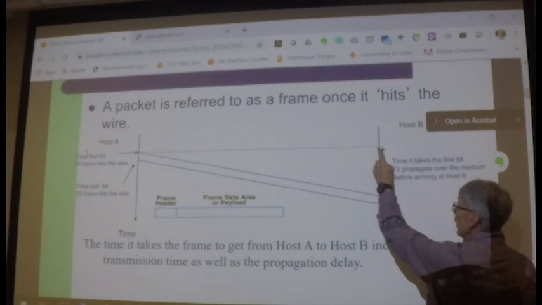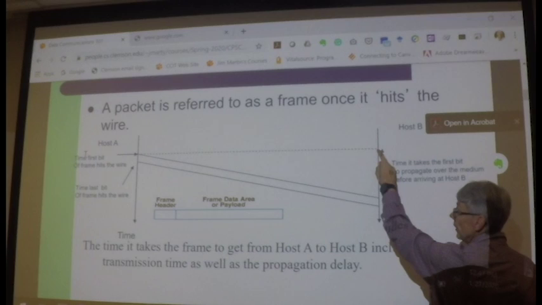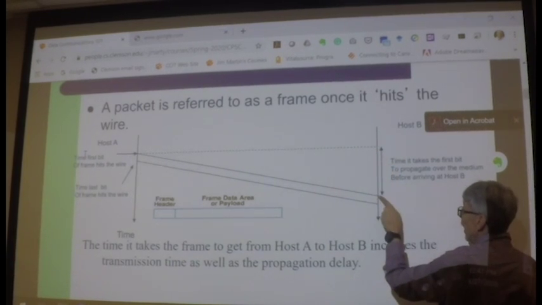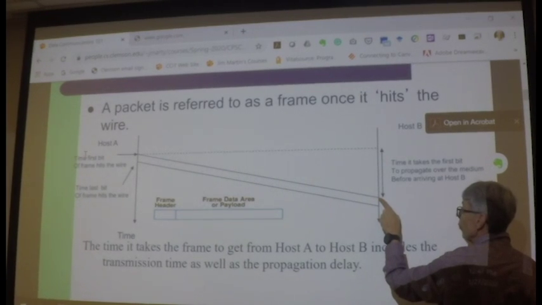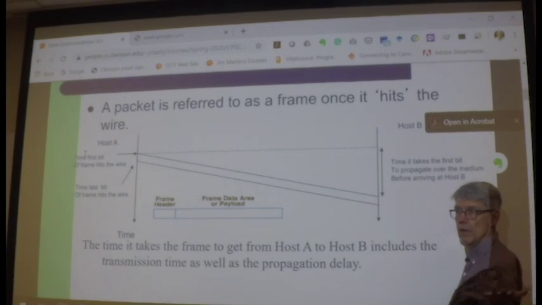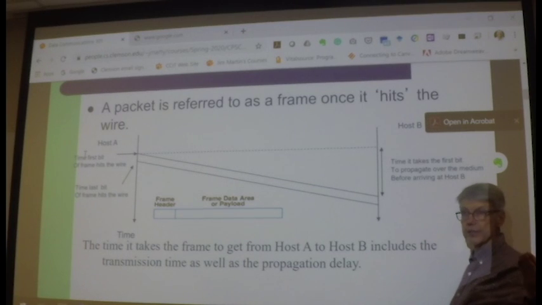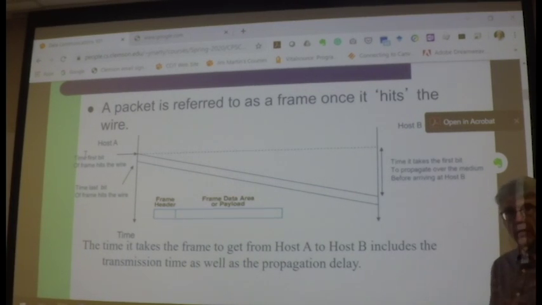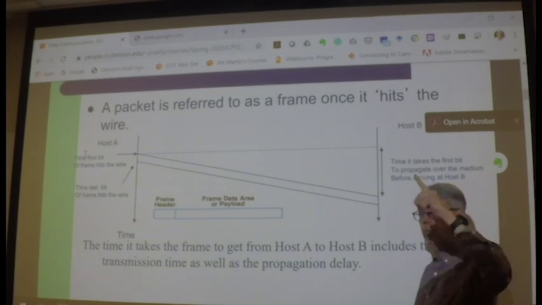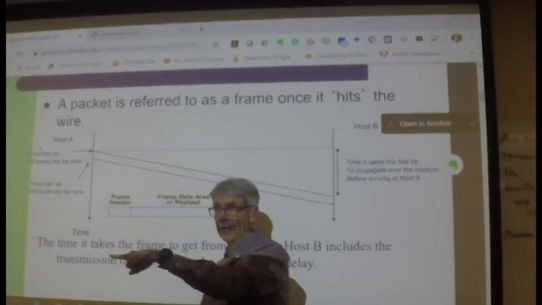If we call this the time at host A, it's T0, and this is T0 prime. T0 prime minus T0 represents what? The time it takes to send the packet from the host to the receiver. Exactly. It's the time it takes for the bits, that energy, to propagate across the physical medium.